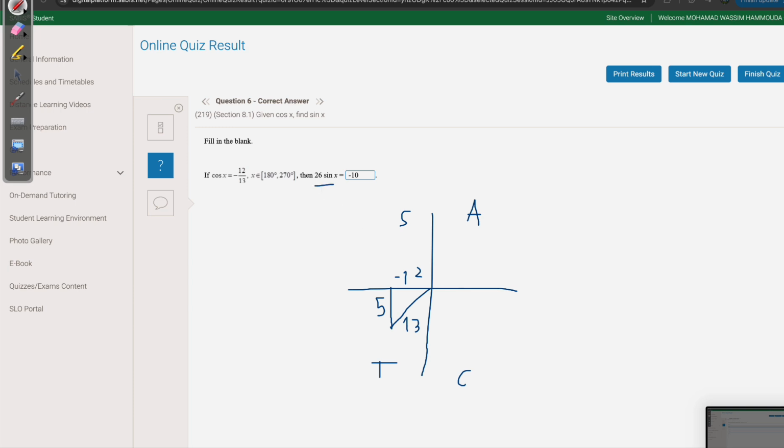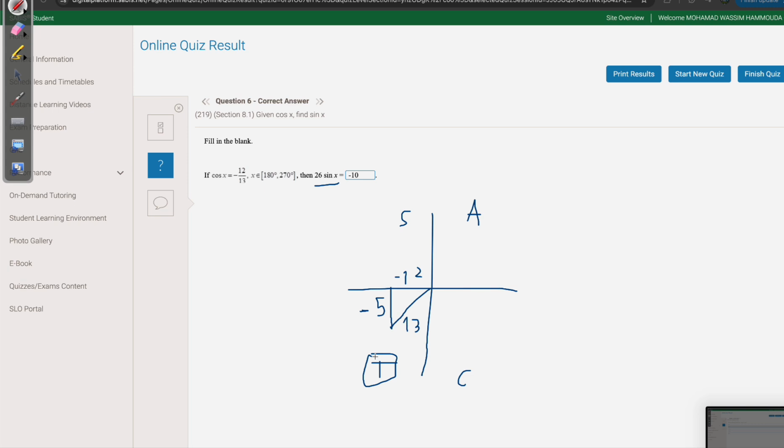And here they want sine, so what we're going to do, oh yeah, right, sine is negative, in this case it's the tan quadrant. So both the opposite and the adjacent will be negative, so when we find tan, negative over negative will give you a positive, right?